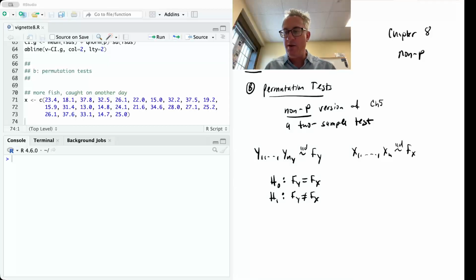So I don't want to know any particular aspect of that distribution. I just want to know if they're the same as one another.